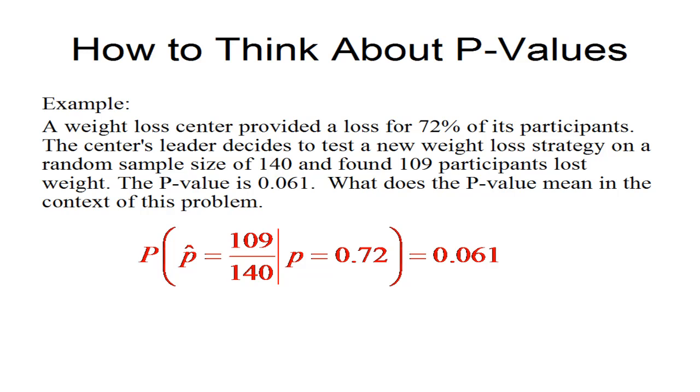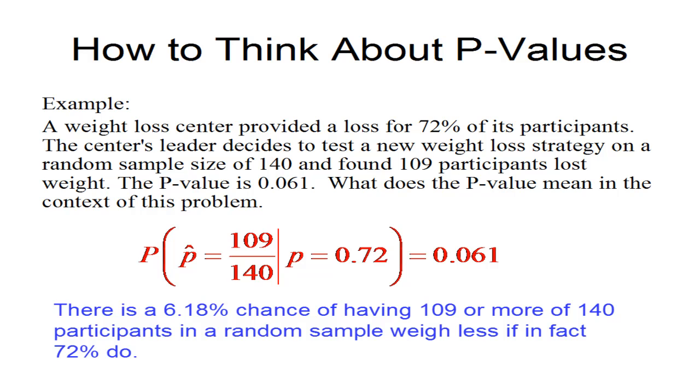So the p-value means that the probability that we would get a sample proportion equal to 109 over 140, given the population proportion equals 72%, is equal to 0.061. There is a 6.1% chance of having 109 or more of 140 participants in a random sample lose weight if in fact 72% do.